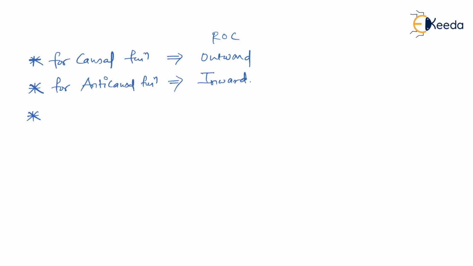And for a both-sided signal like a non-causal signal, you will always see the ROC between two circles. And again, we should know the fact that the ROC never includes the poles, but yes, it is bounded by the poles. Thank you.